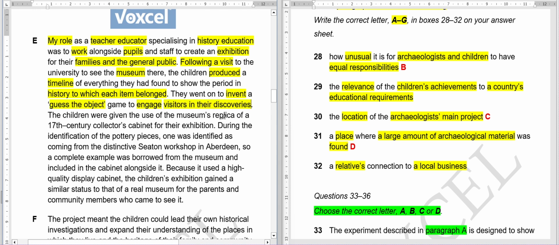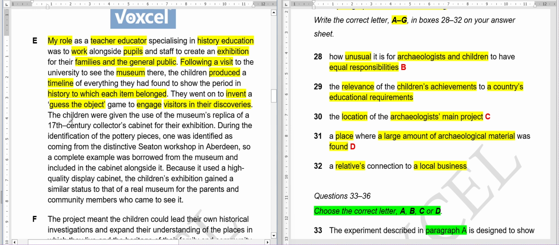Because they wanted visitors to be interested in their project or in their exhibition, they invented that particular kind of game so that visitors can also test their knowledge, I believe. If they are guessing the object, obviously you are testing your knowledge. The children were given the use of the museum's replica of a 17th century collector's cabinet for their exhibition.